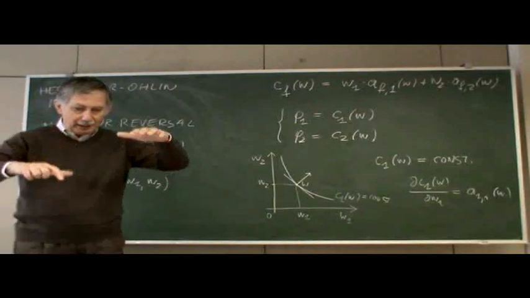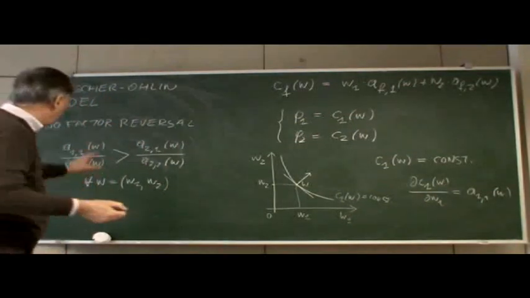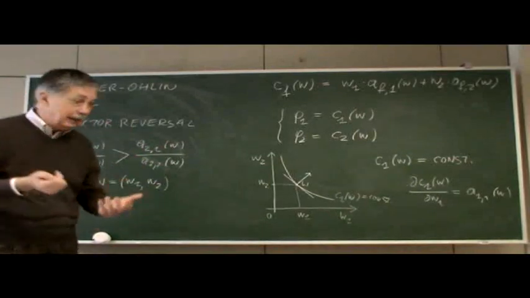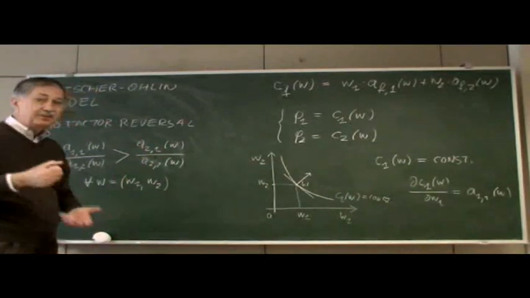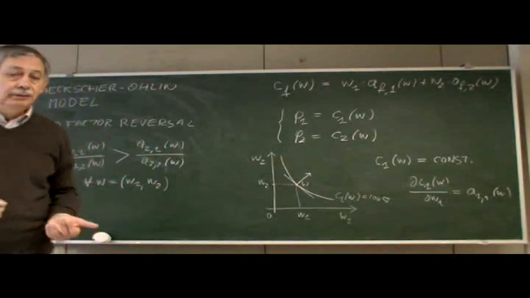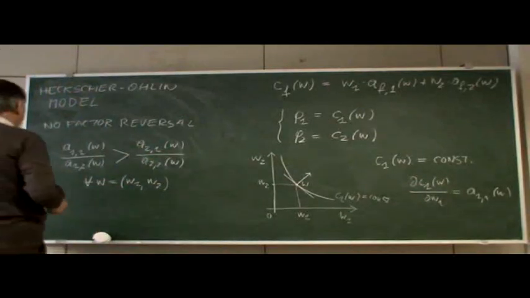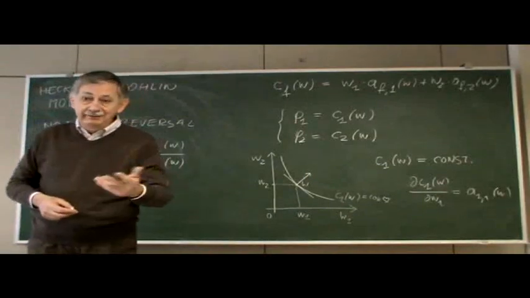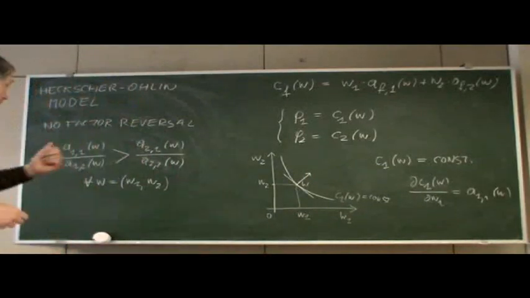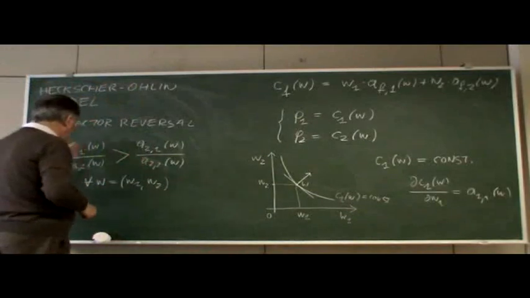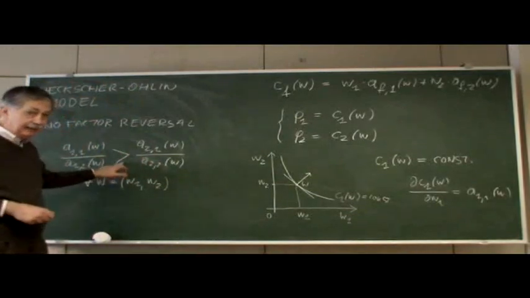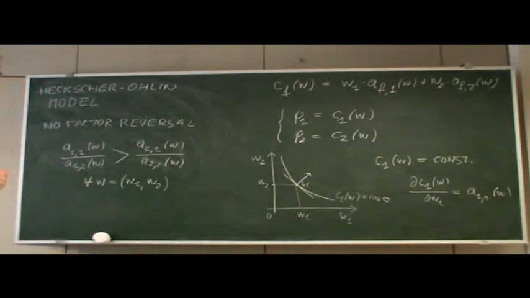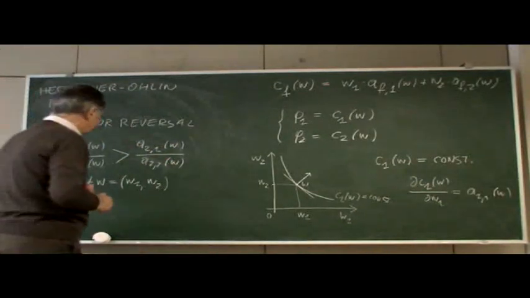And attention, when W changes, both this ratio and this ratio change as well, but the first is always greater than the second. This is no factor reversal. You would have factor reversal if for some value of W this inequality held and for some other W, the converse inequality. Is it clear?